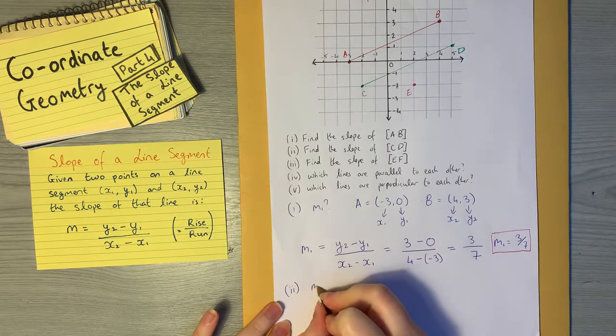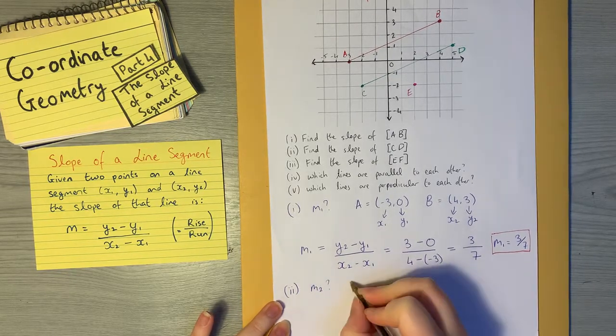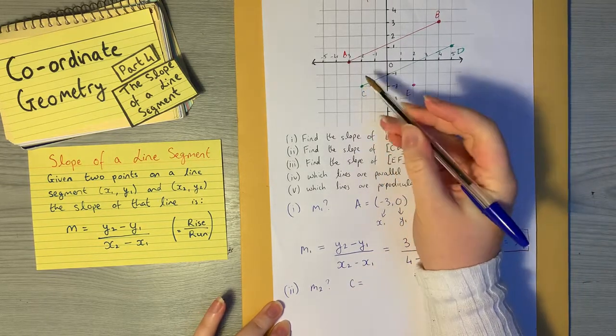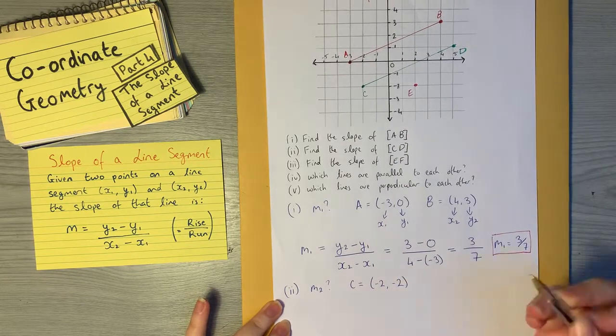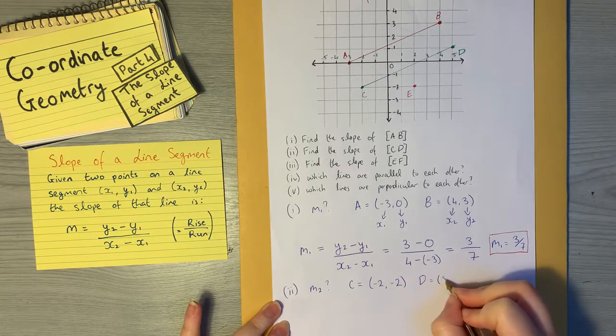I'm going to call this M2, and that's what we're looking to find. And I have my point C is here. So that's minus 2, minus 2. And then my point D is here, and that's the point 5, 1.